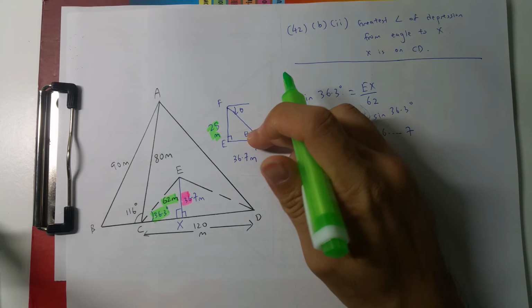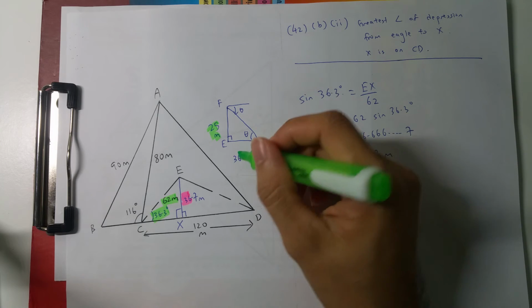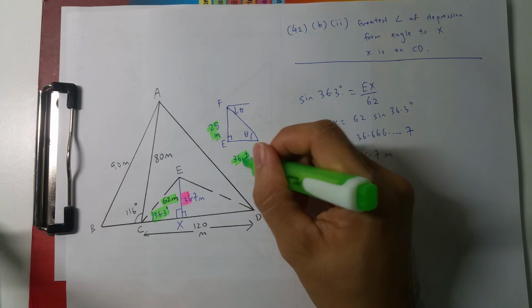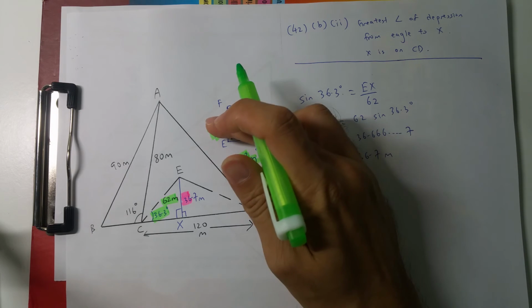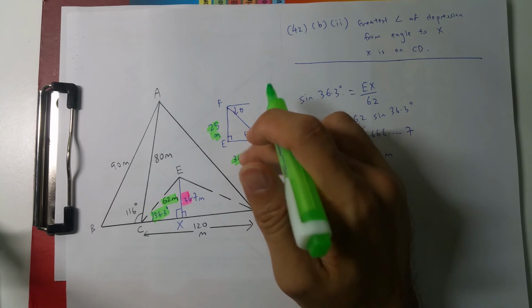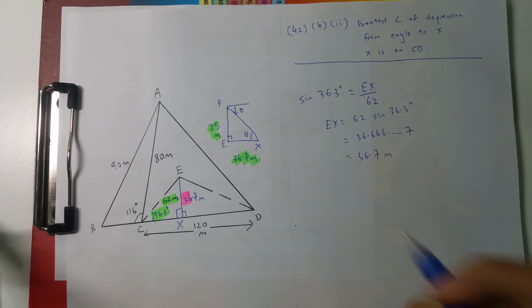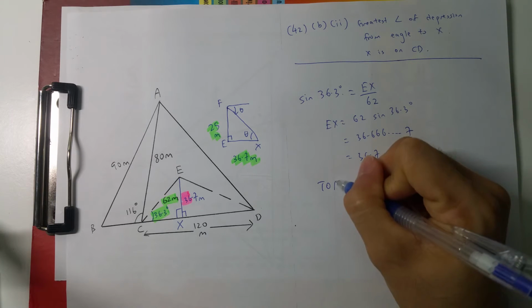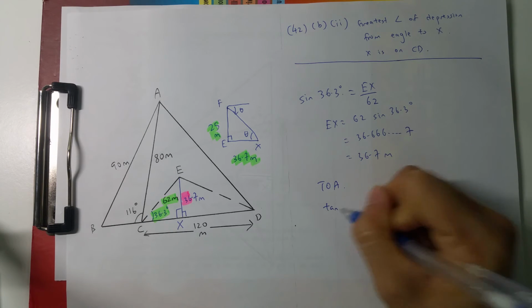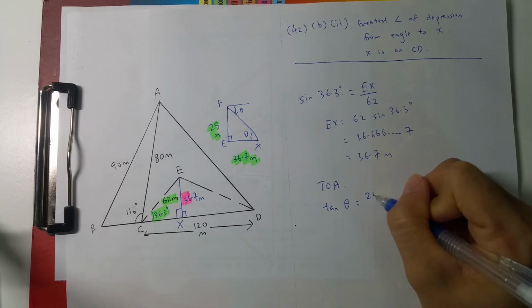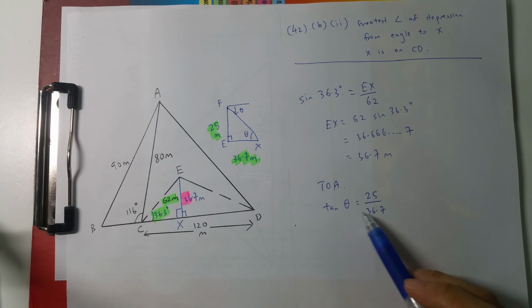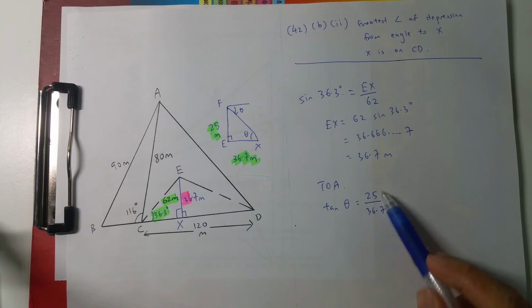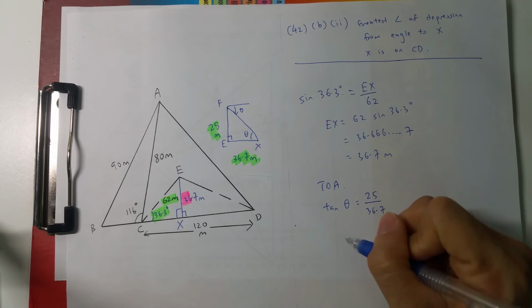FE is opposite to theta. EX is adjacent to theta. With opposite and adjacent, we use TOA. Inverse tangent of this value to find the value of theta.